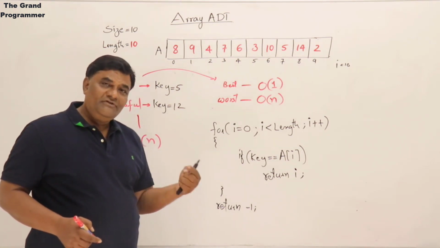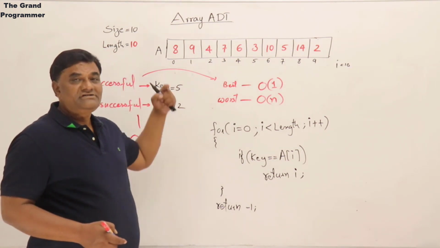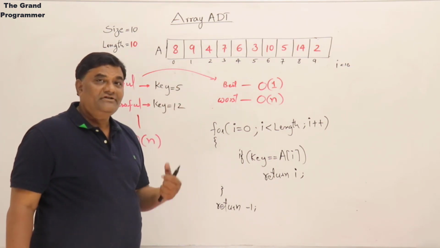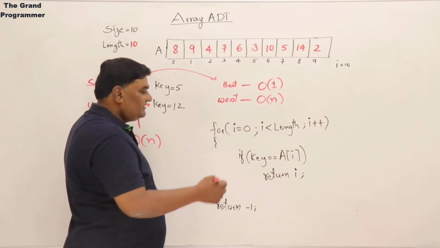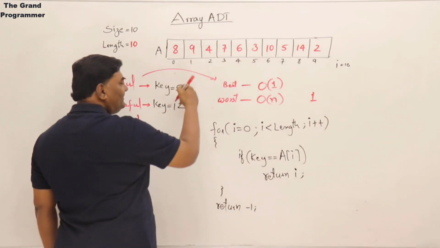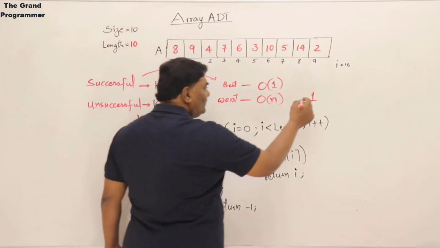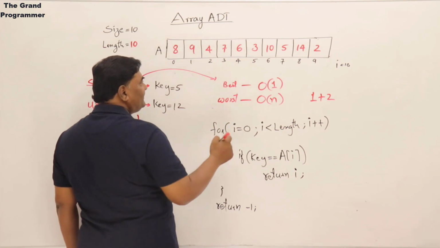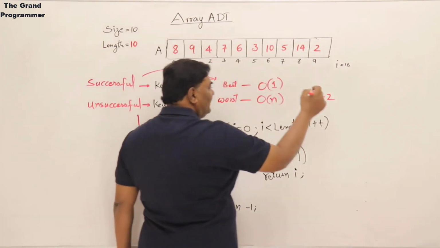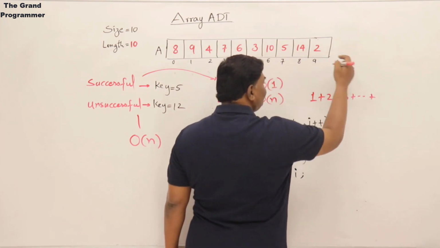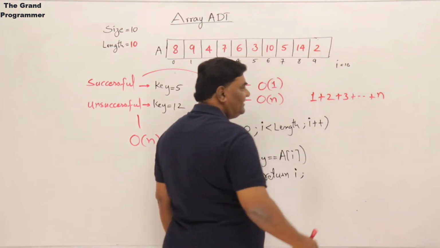Then what is the number of comparisons required for checking if the element is present? If you are searching for the first element, just one comparison is required. Then what about the element at the second location, that is index 1? Two comparisons are required. If you are searching for the next one, it needs 3 comparisons, and so on. If you are searching for the last element, n comparisons are required.